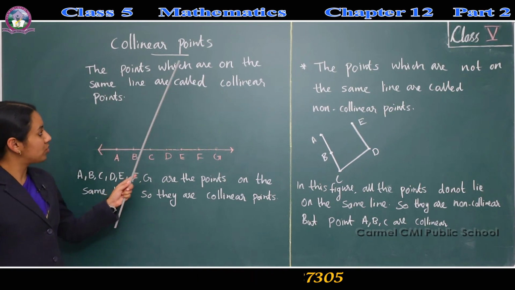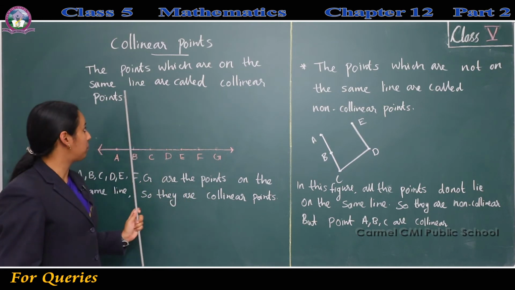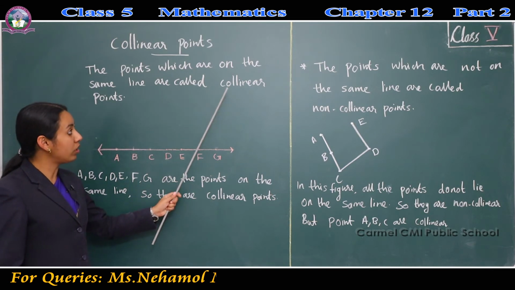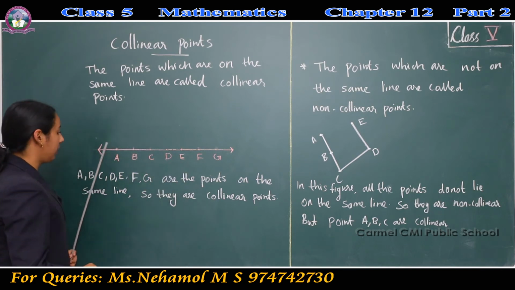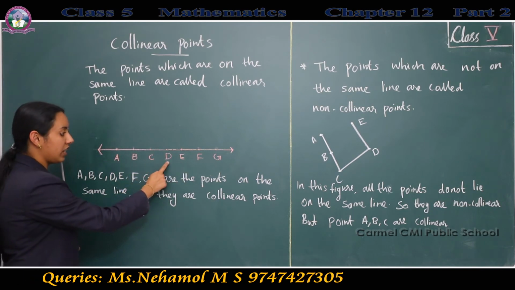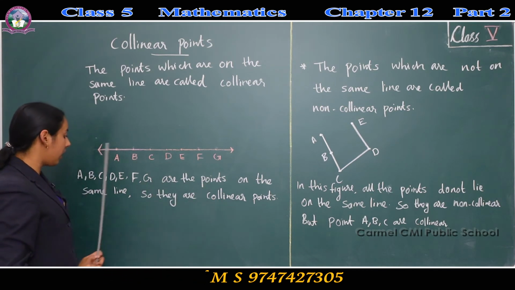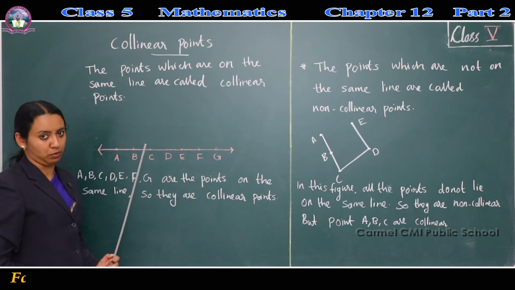Next topic, collinear points. The points which are on the same line are called collinear points. One figure is given, where A, B, C, D, E, F, G are points on the same line, so they are collinear points.